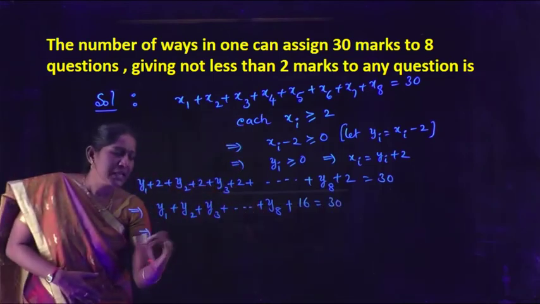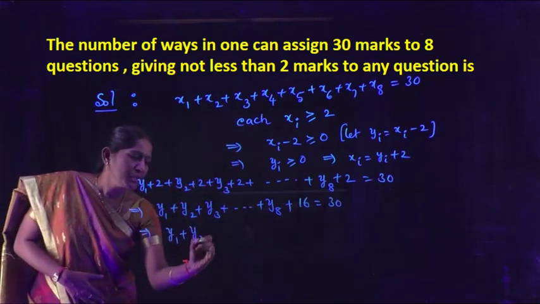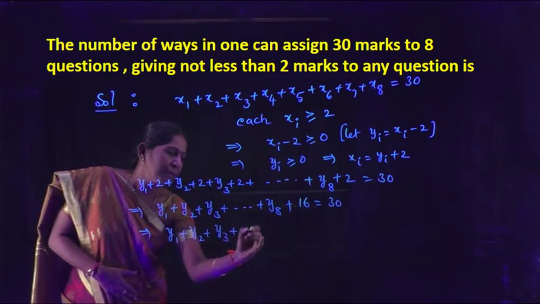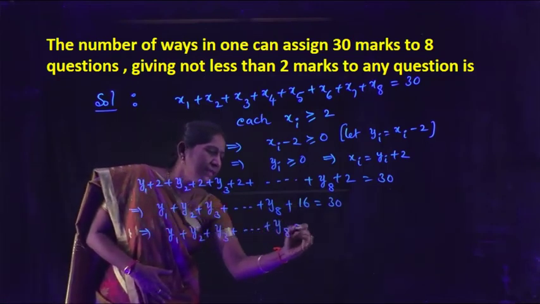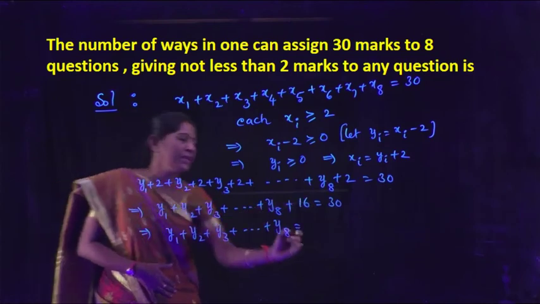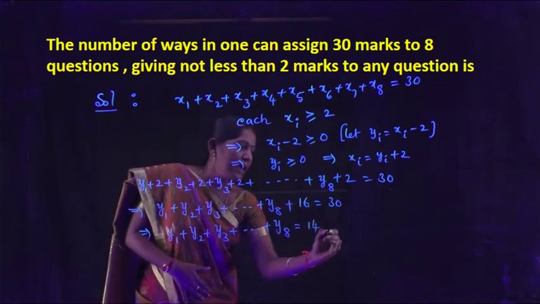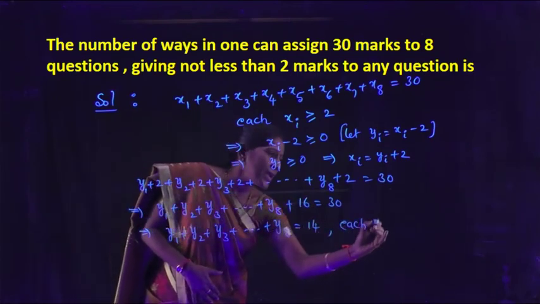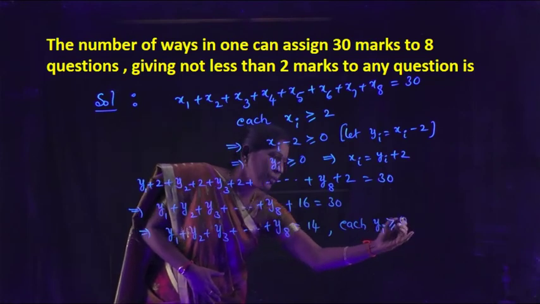Then y1 plus y2 plus y3 and so on plus y8 is 30 minus 16. That value is 14. And also each yi greater than or equal to 0.